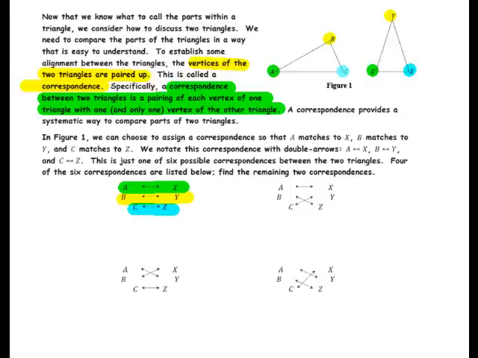We could match them up in a different way. In the next figure, they have chosen to pair angle A with angle X. So here is angle A and here is angle X. Next, we have angle B paired with angle Z. So notice how the arrow is going down.